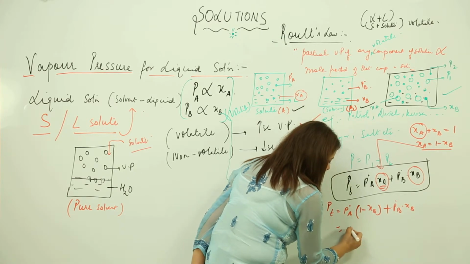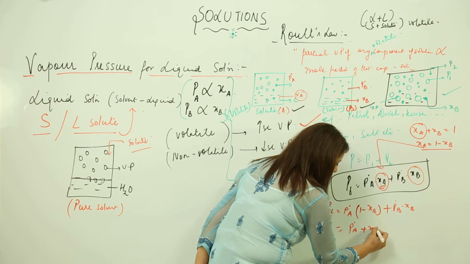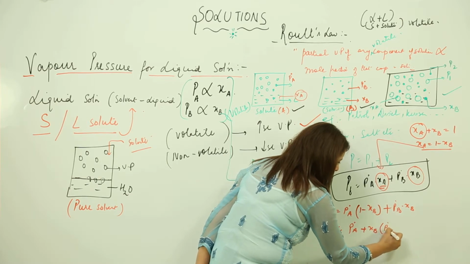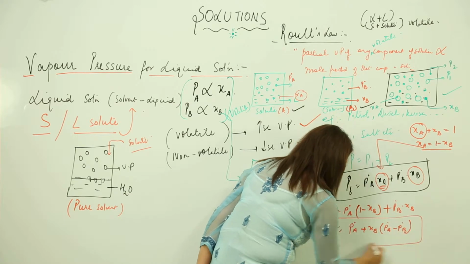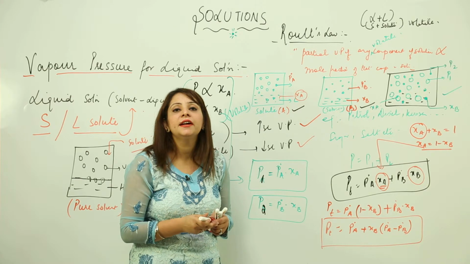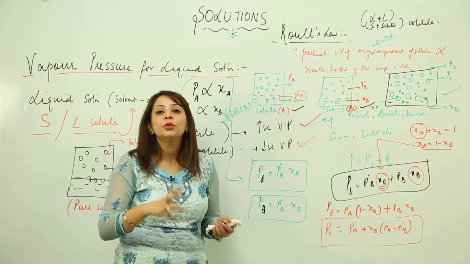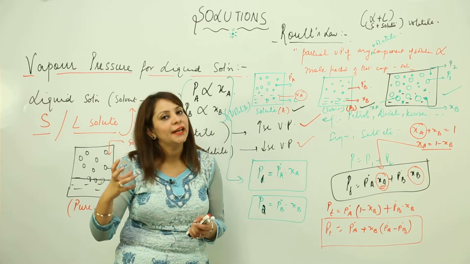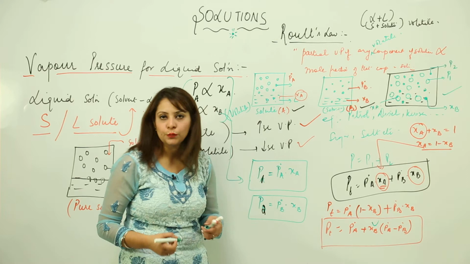I can also write it this way: P naught A plus XB taken as common, (P naught B minus P naught A). So this is what I can have as the total pressure, and here I am just trying to express the total pressure, or relate it, to the mole fraction of any one component. As I did for XB, you can also take the value for XA.